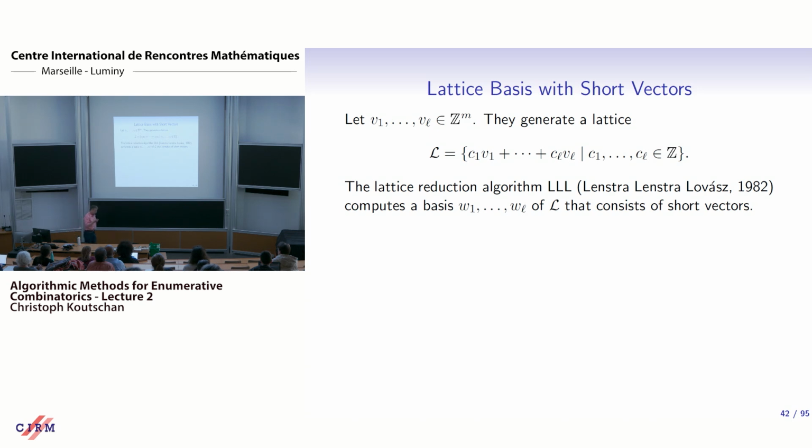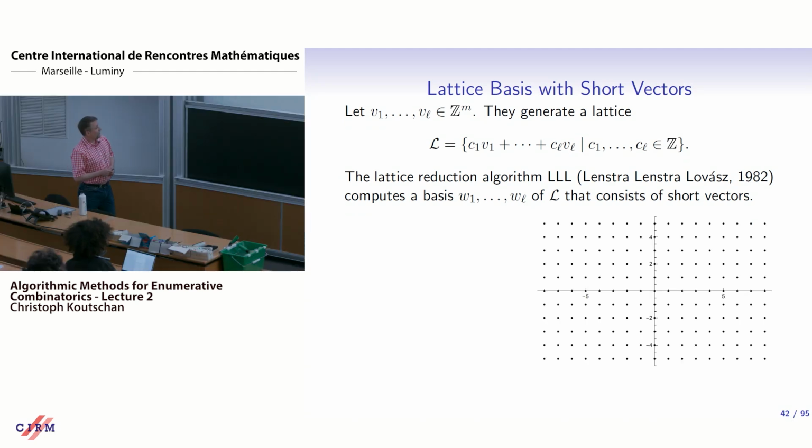Well, what is short? Typically shorter than these input vectors. Depending on how you set up, you want to find the basis with the shortest vectors, or you want to find a basis with reasonably short vectors. There are many variations of this. And so how does this look like?